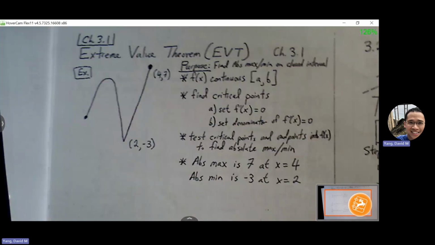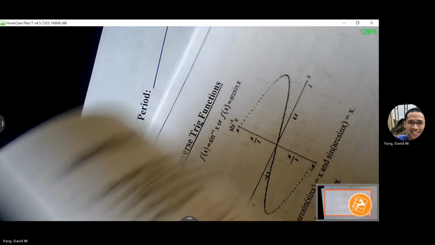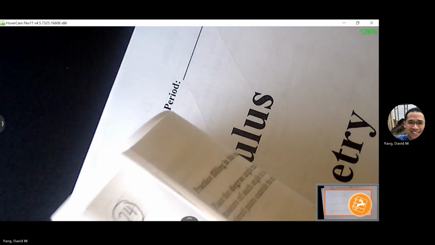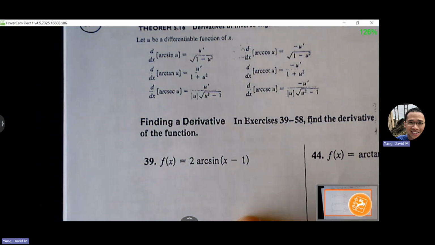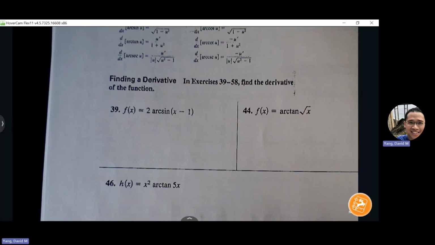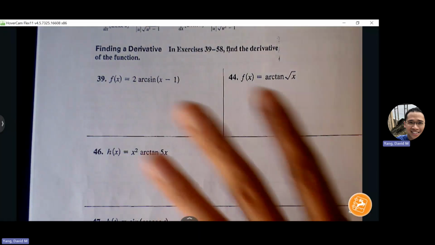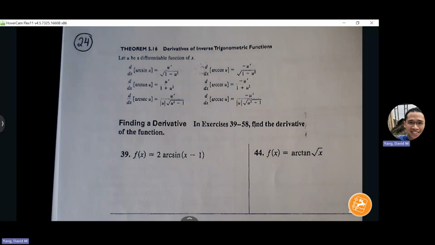Okay, so let's go to page 24. And we're just going to practice with finding derivatives for our trig. We're going to try through this worksheet. The key is on page 26.